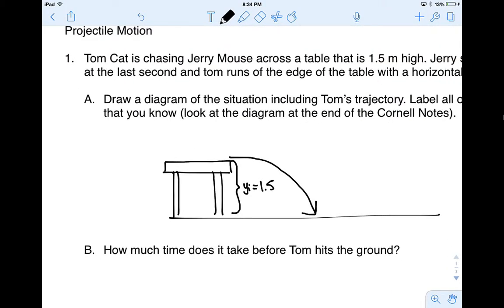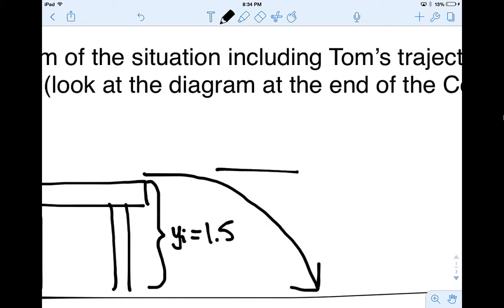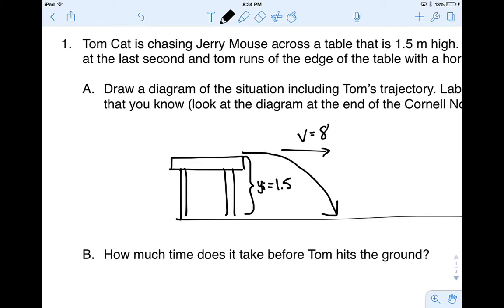And you can look up on the board and see that yi is equal to height. I also know that the initial velocity is 8 meters per second. So the speed that he was running at the beginning is 8 meters per second.